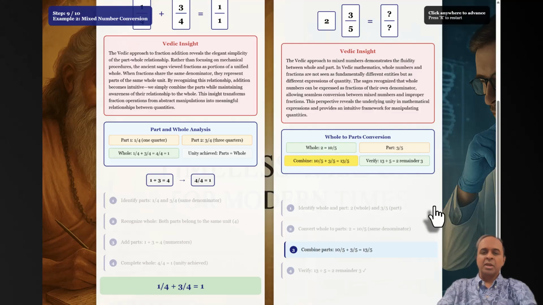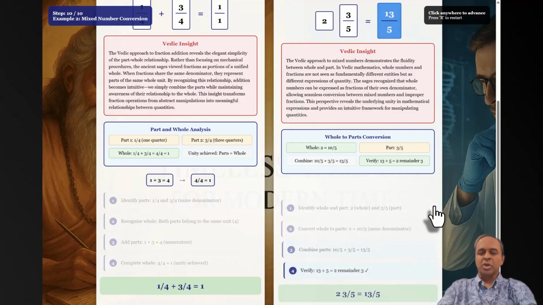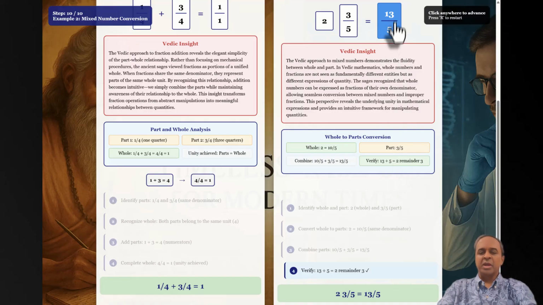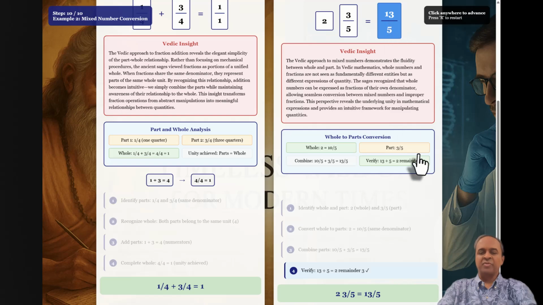So you want to verify if it is the same, so you work in reverse, right? You divide 13 by 5, so you know that is 10, which is 2 times, and then the remainder is 3, right? So when you divide 13 by 5, it is 2 and 3 by 5, right?